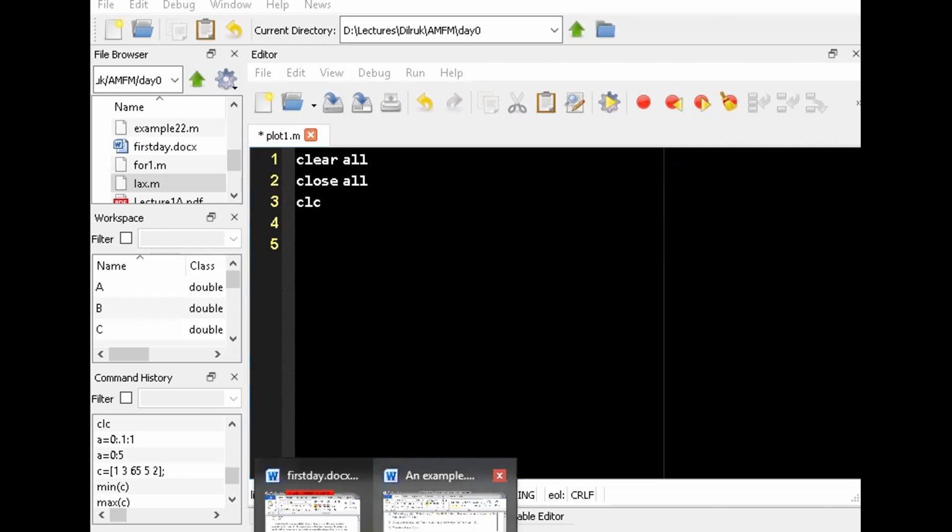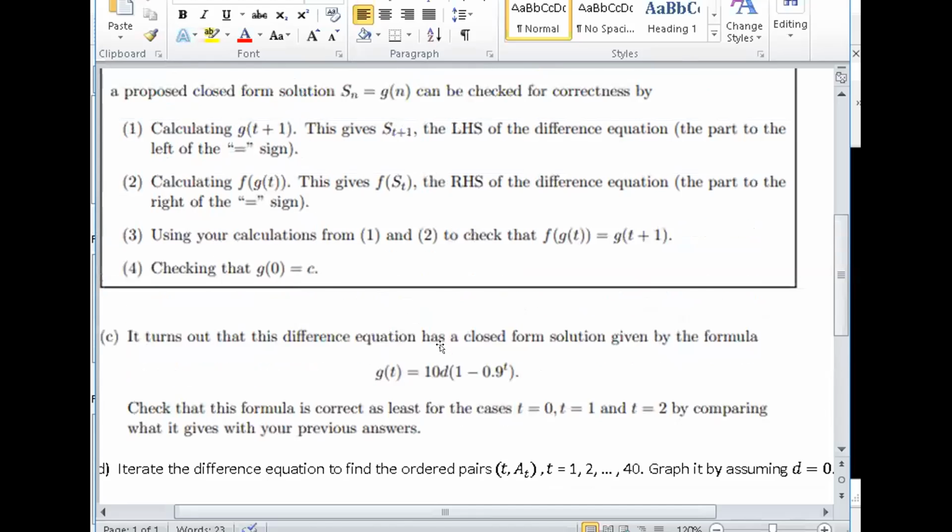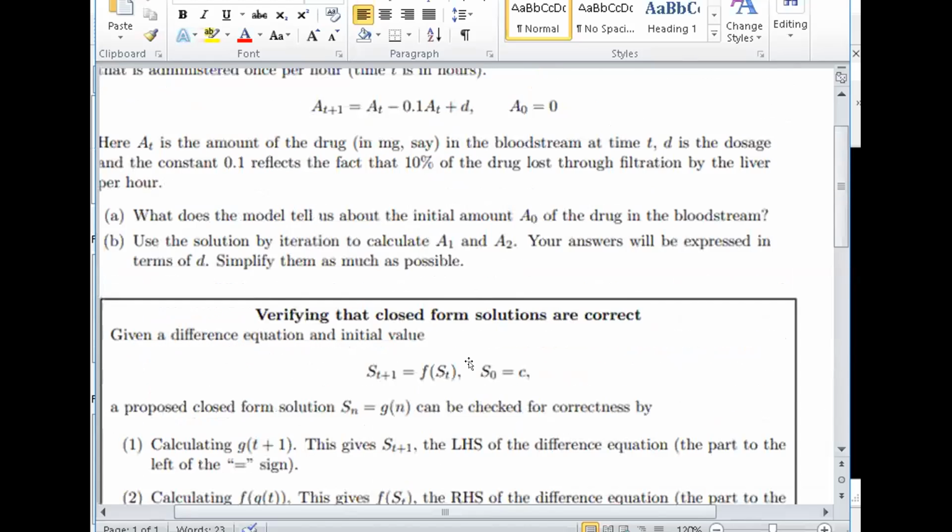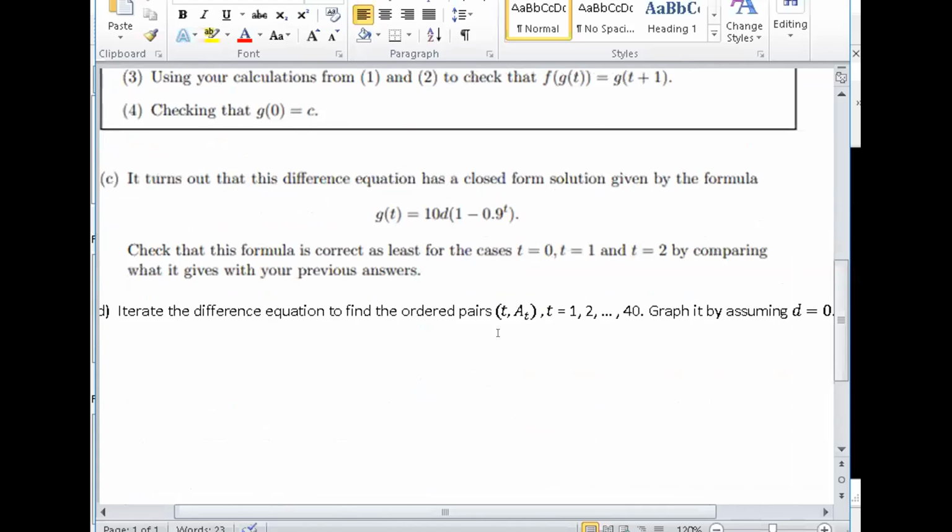Let's define constant terms. What are the constant terms? T is the independent variable, and a sub t the dependent one. T starts from 0 and goes from 0 to 100, or any number.